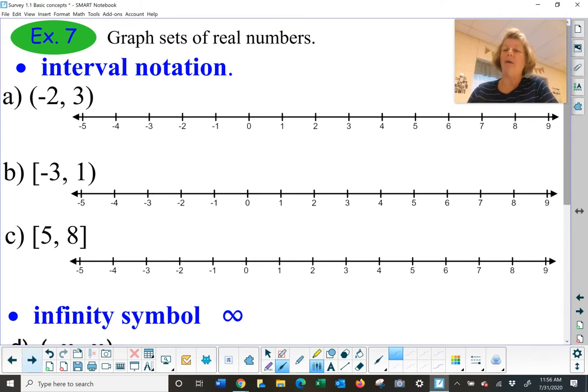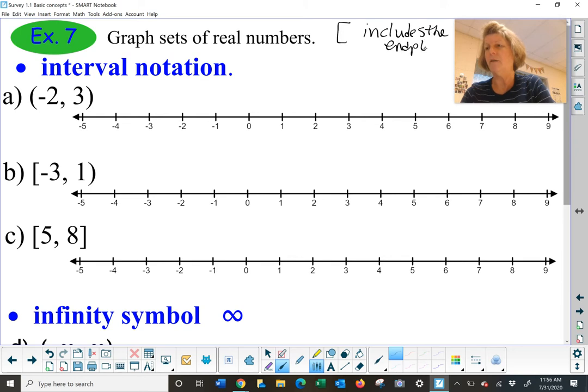Graphing. You have done graphing. The other thing we want to make sure we talk about is interval notation. So interval notation includes and doesn't include the endpoint. So if I have a bracket, this includes the endpoint. So you may just want to find a little space on your notes to write that down.